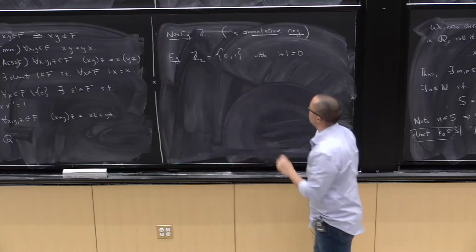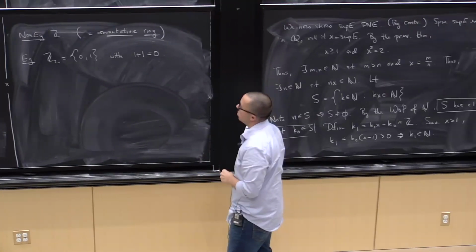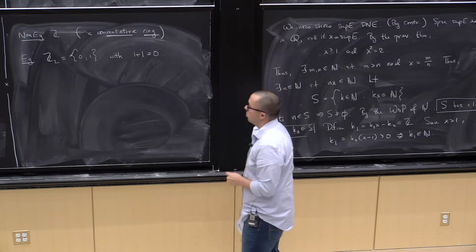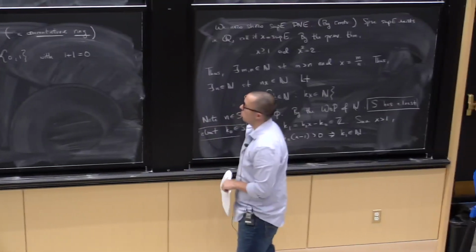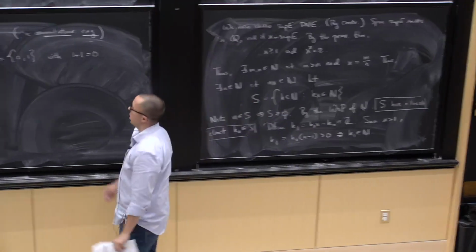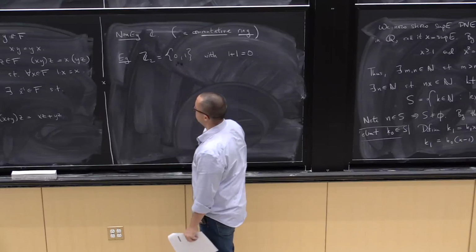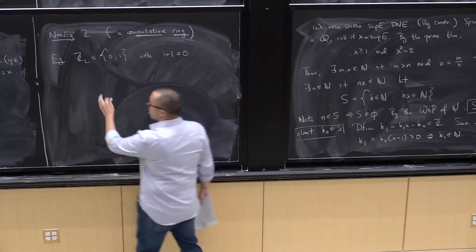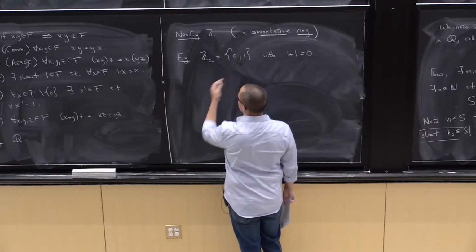I mean, 0 times 0 would be 0, 0 times 1 would be 0, 0 plus 0 would be 0, and that gives you all of the rules you need to define multiplication and addition on this set of two elements. This is a field because what is the inverse of 1? Well, it's just 1.